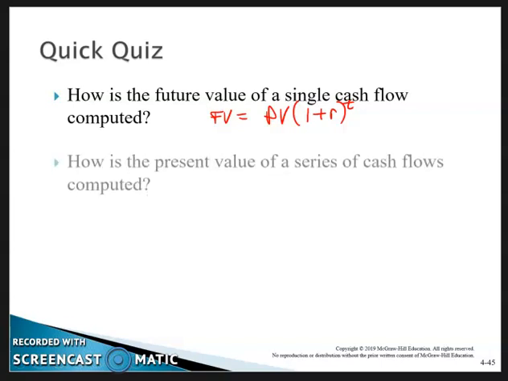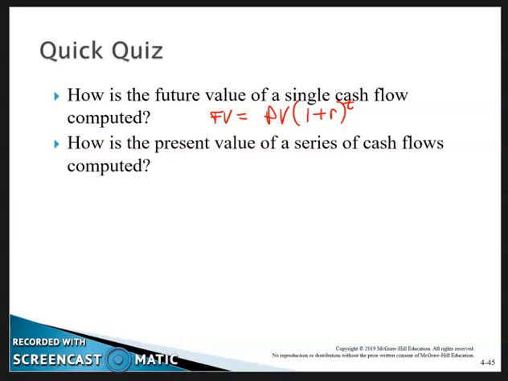The present value of a series of cash flows. Didn't show this in the book, but we showed the present value. Basically, all we have to do to calculate it is take the cash flow multiplied by 1 minus 1 divided by 1 plus r to the n, or t, I'm used to using n, and then we divide by r.